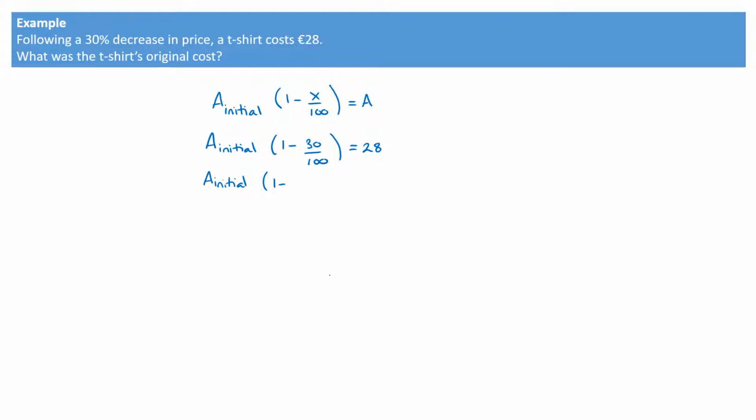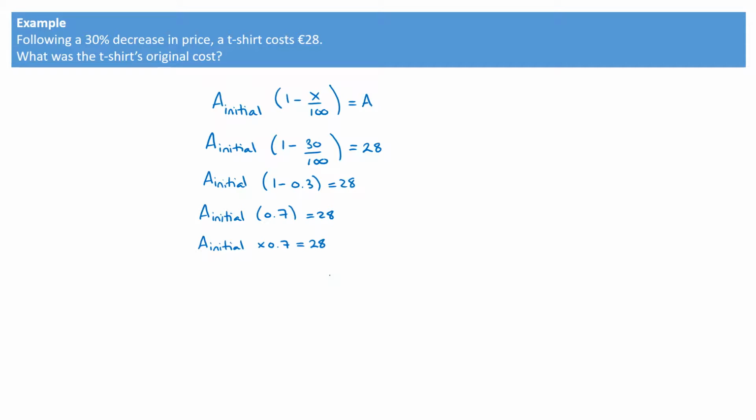Carrying on, we have A initial times 1 minus 0.3 equals 28. And 1 minus 0.3 is 0.7, so we have A initial times 0.7 equals 28. And now we're all set.